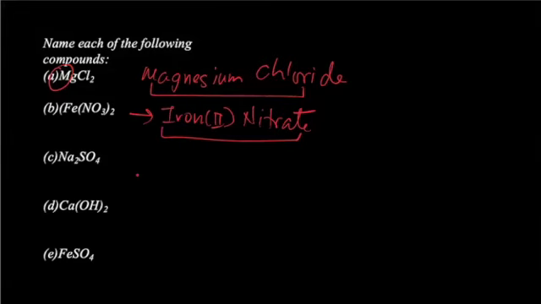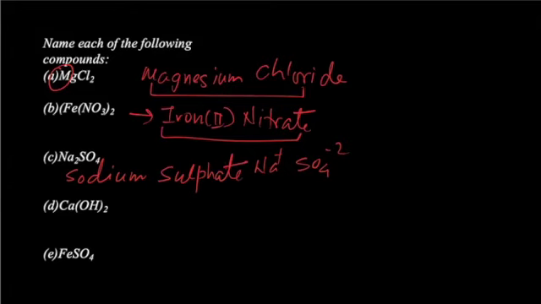Okay, so because SO4 2- has 2 negative charges, and my sodium has only 1 positive charge, we'll need 2 of them, right? That is why it is sodium sulfate. SO4 is sulfate, NO3 is nitrate.